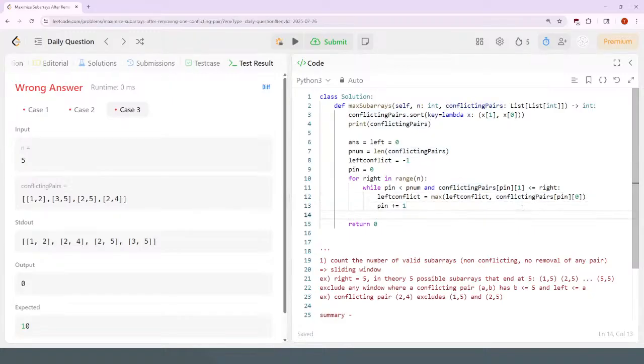And then at this point, the valid number of windows that end with 5, or within the right index, would be something like the right minus the left conflict. So if it's 5, and there's a 2, 4, it would be 5 minus 2 approximately.